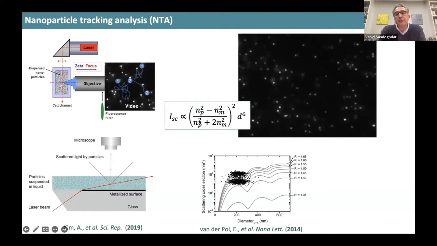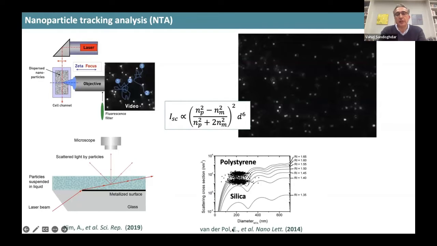But because this index of refraction information is there as well, some groups have actually tried to get more out of the data and can say something not just about the size distribution, but also about the scattering cross-section, that is the overall brightness of the particle, and not just how fast it moves around. And by looking at the brightness, you can also say something about the different indices of refraction that your particles might have in a suspension.